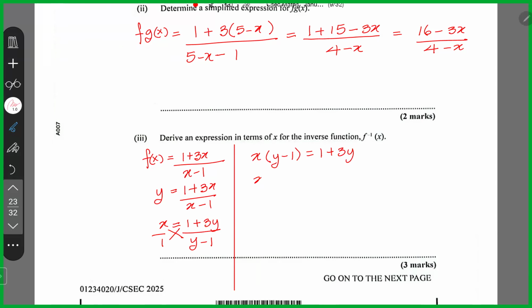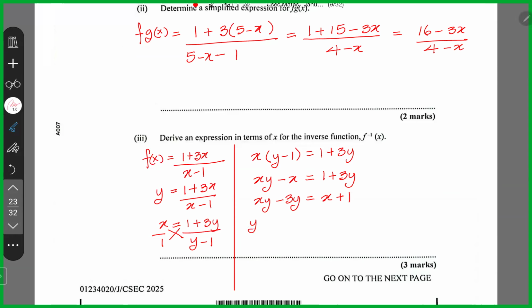Distributive law, xy minus x is equal to 1 plus 3y. Let's get all the y's to one side. So xy minus 3y is equal to x plus 1. Positive 3y on the right goes over to the left and becomes negative. Negative x on the left goes over to the right and becomes positive.